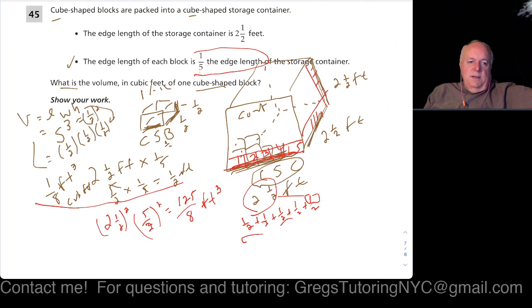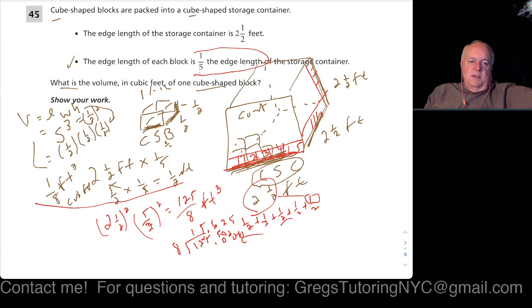And if we divide 8 into 125, we get 15 with 5 left over. Then 50 divided by 8 is 6 with 2 left over. Another 0, 20, we get 2 with 4 left over. Another 0, 40, we get 5.